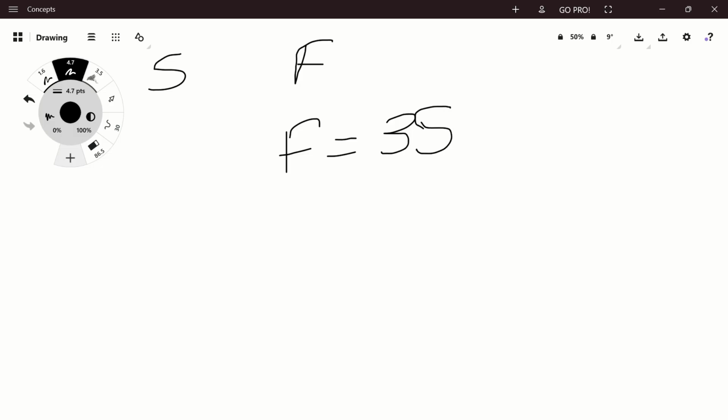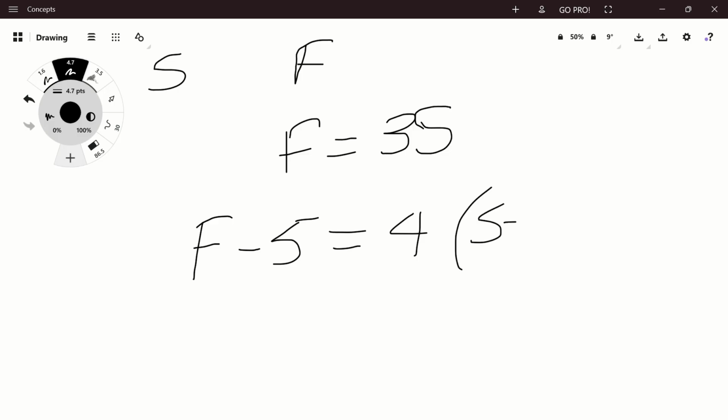For the second statement, 5 years ago, the father's age was 4 times that of his son. This gives us our second equation, F minus 5 is equal to 4 times (S minus 5).